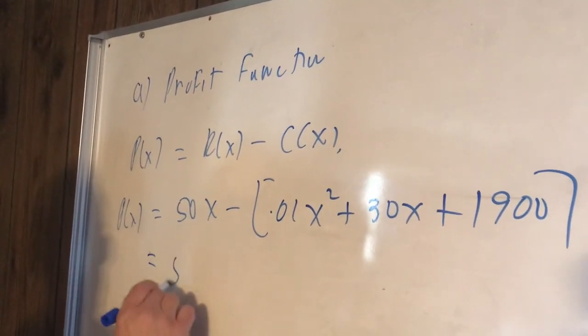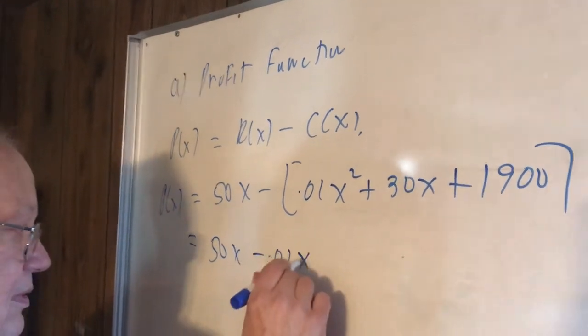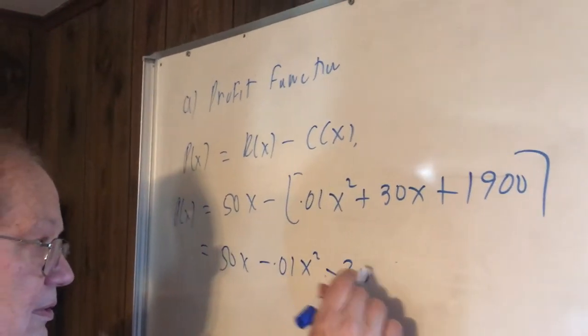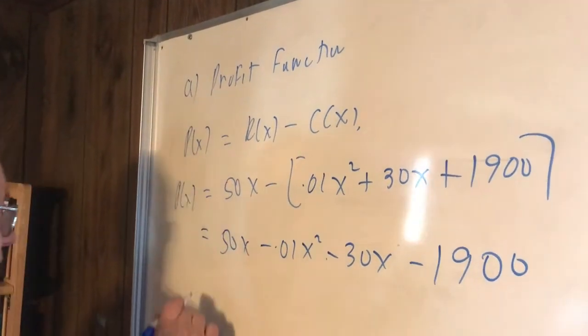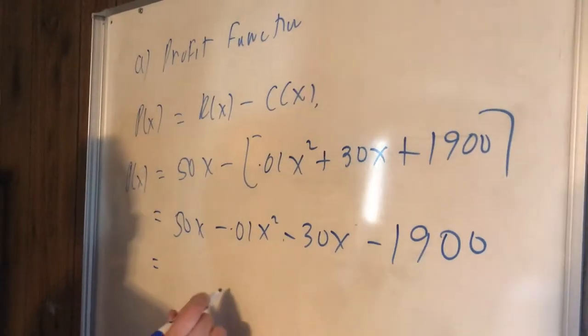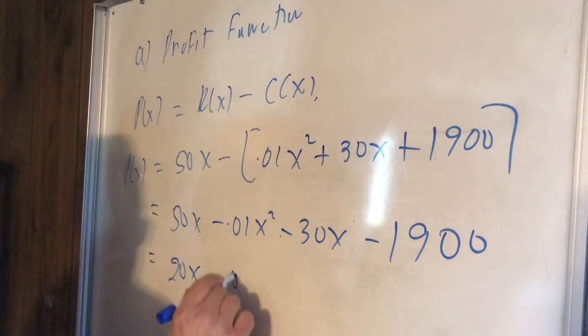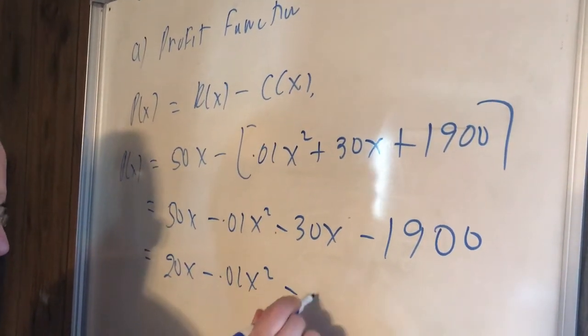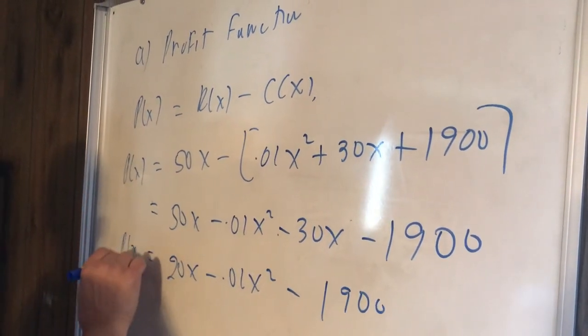And this is 50x, distribute, okay, and this is going to be 20x minus 0.01x squared minus 1900. And that is your profit function.